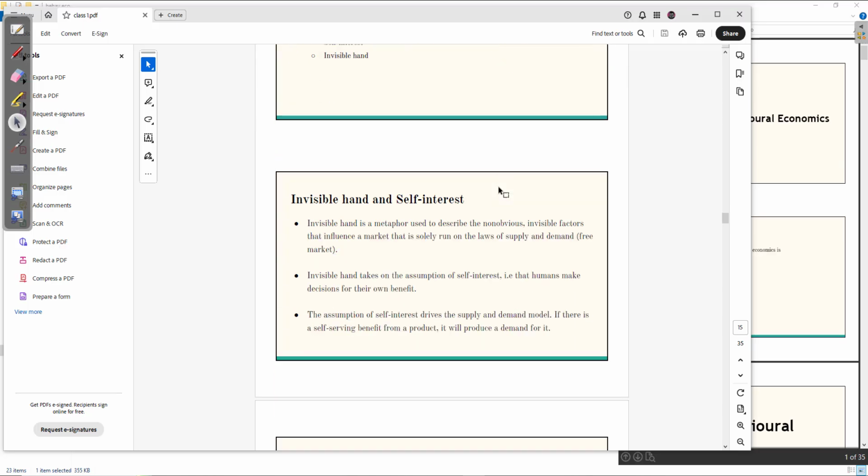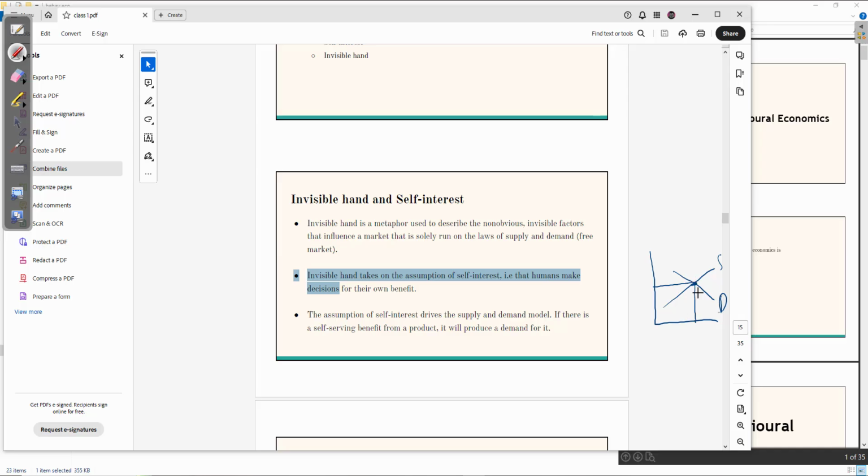Invisible hand and self-interest. What is the invisible hand? In the invisible hand theory in economics, we basically talk about demand and supply and the equilibrium in the market that will lead to the price prevailing in the market.